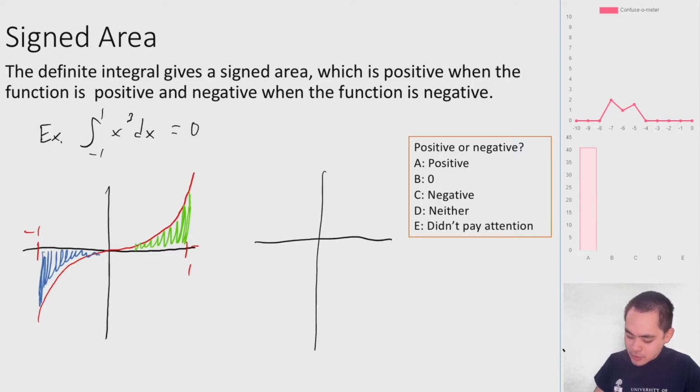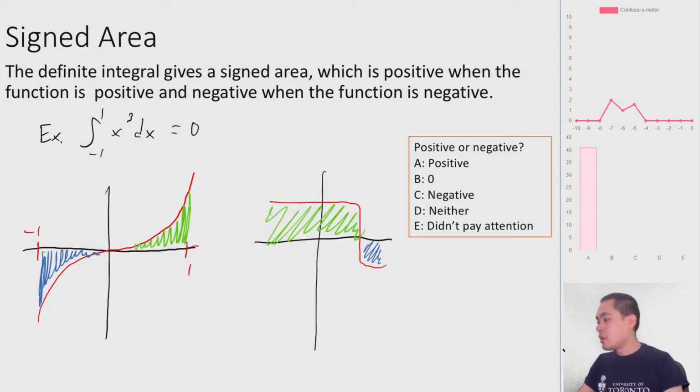So let's suppose we had something like this. And we have all this area, and we have some negative area here. Let me reset. Would something like this be positive or negative, that integral?